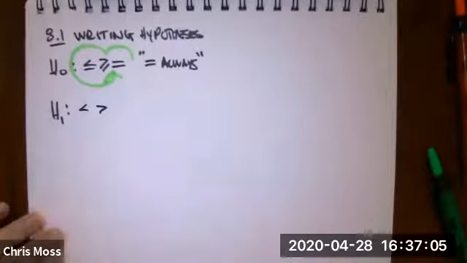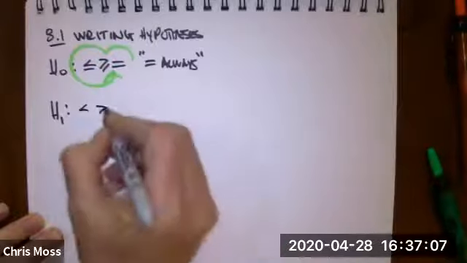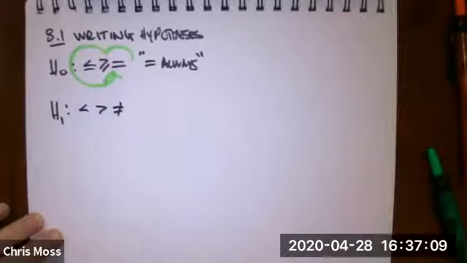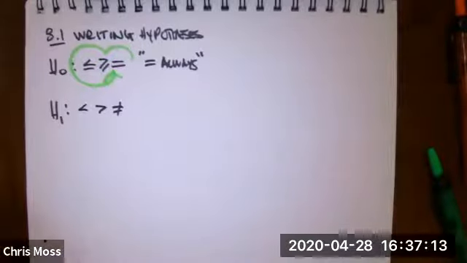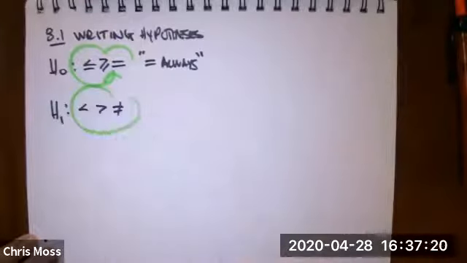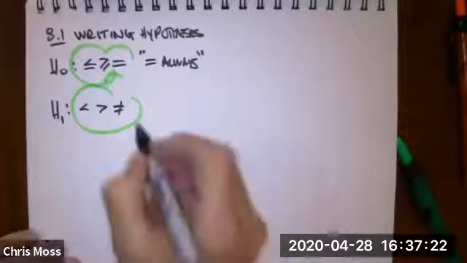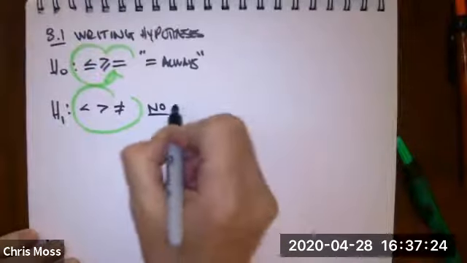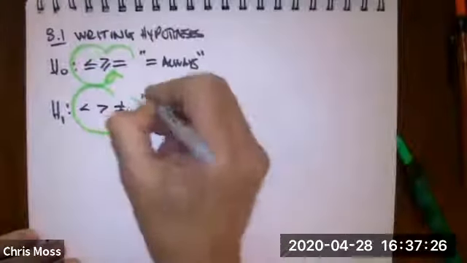If my statement is written with a less than, a greater than, or a not equal to, or perhaps different from, this is the case, I will have the alternative hypothesis. And you'll note with the alternative hypothesis, there is no equals whatsoever, ever.